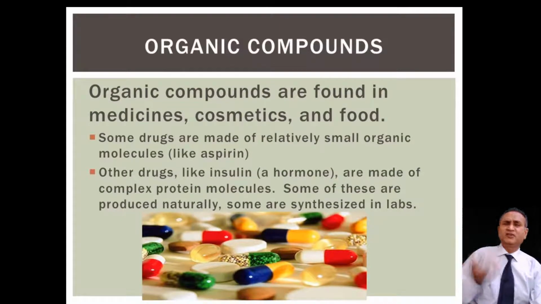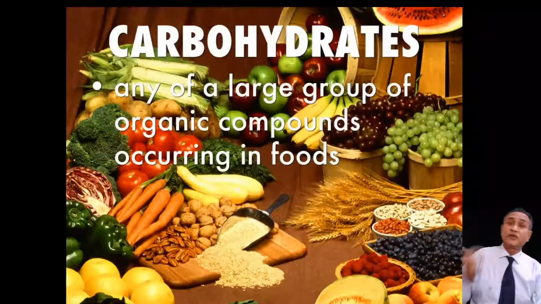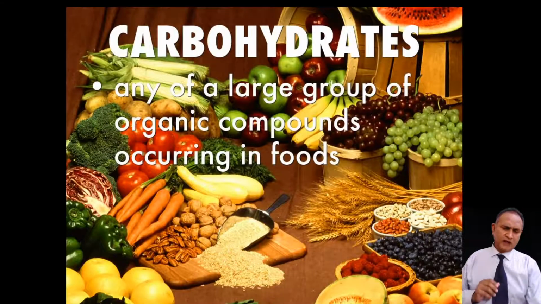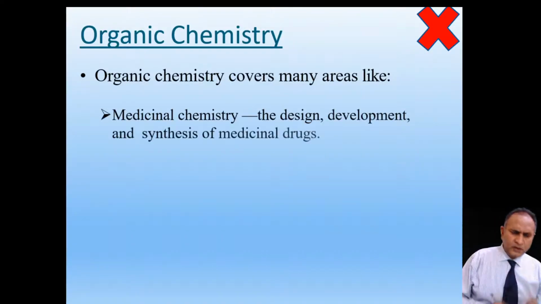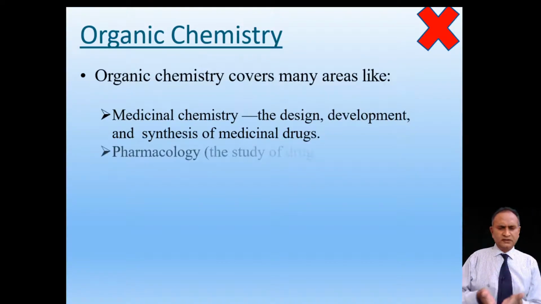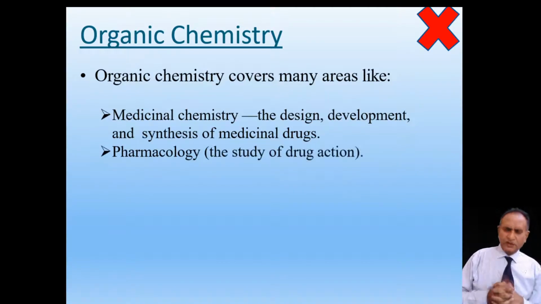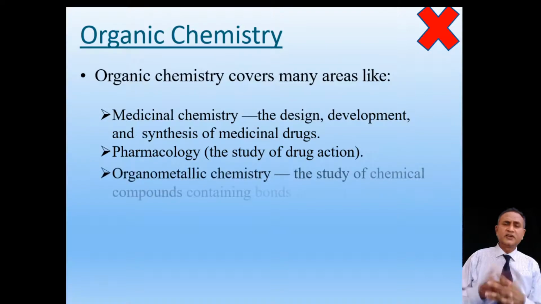I'm just trying to show the importance of carbon compounds. That is why carbon is given a specialty to be studied separately. These carbohydrates, all of these. Okay, so organic chemistry covers medicinal chemistry, pharmacology. Pharmacology, you know, is the study of drug in action.